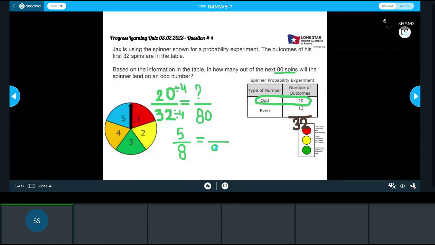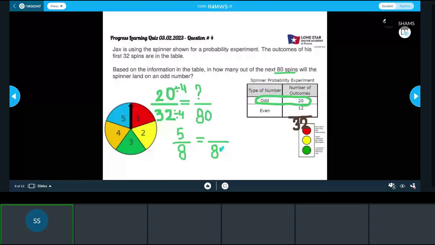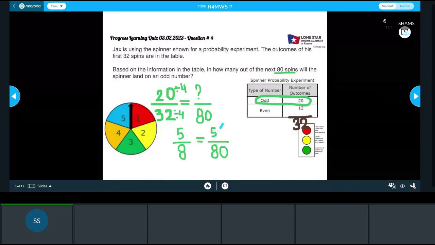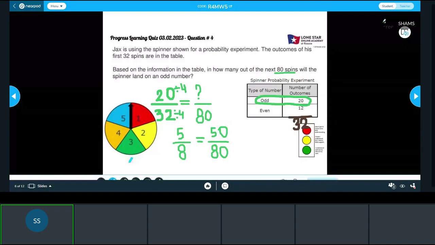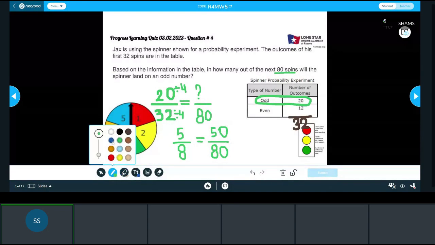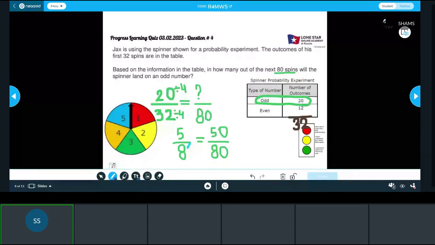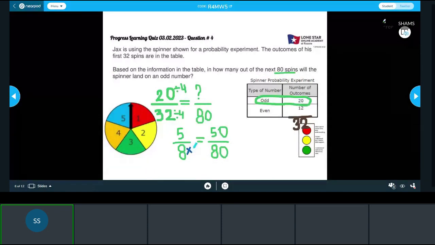Then out of 80, I can expect 50 odds. How? In my mind, I am multiplying it by 10. So I did the same thing here in the numerator. And I got 50.